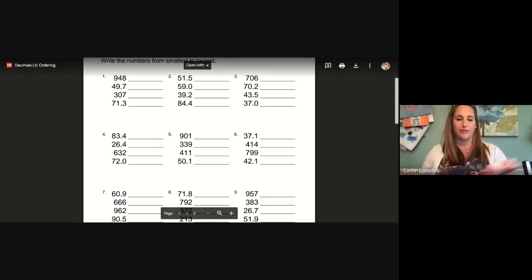Let's try number 4. Go ahead and write those in order from smallest or least to biggest or greatest. We have 83 4/10, 26 4/10, 632 and 72 0/10, or just 72. Let's pause and write them in order.